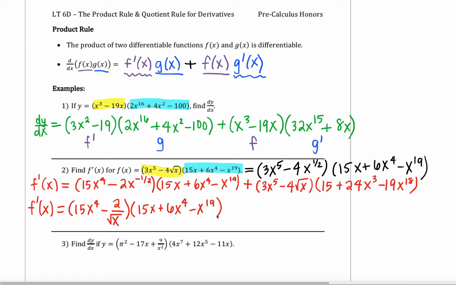I just want to make sure that I've got my derivative of f here in parentheses times my second function, plus the first function here of f of x stays the same, times the derivative of the second function here. And each one of those ends up in parentheses. And there would be our derivative of f.